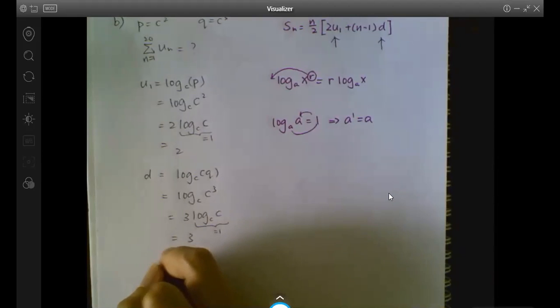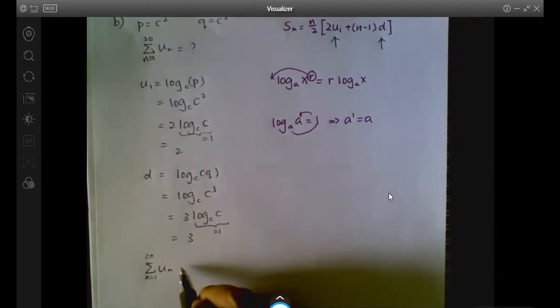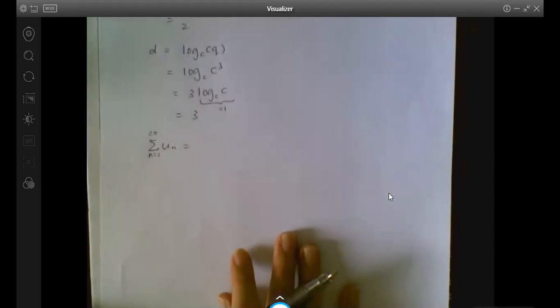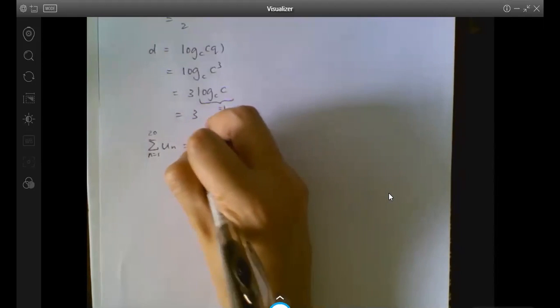So we're asked to sum un from 1 to 20. This is actually the same as s20.